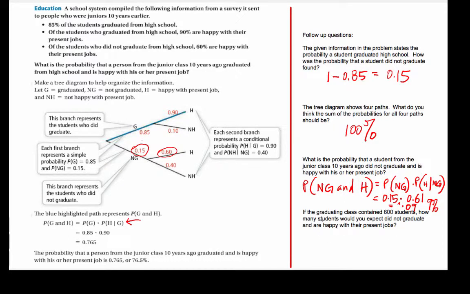The way that we calculate this is our probability based on the previous answer is 0.09, so there's a 0.09 probability of this happening. We just take that value and multiply it by how many students we have. 0.09 times 600 is 54. So that's how many students out of the 600 we would expect that didn't graduate and are happy with their present jobs.